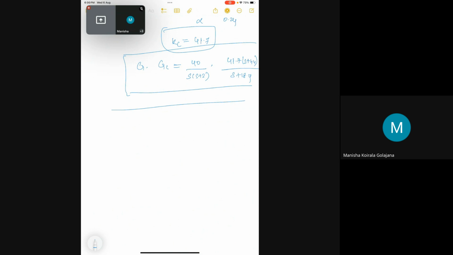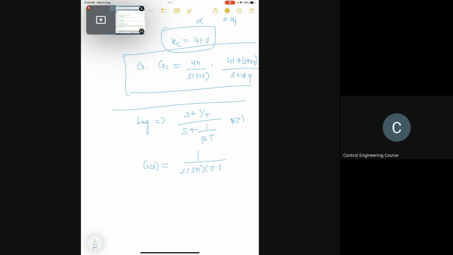Right. A lag compensator would look like a similar structure, but your overall beta value would be different, where beta will always be greater than 1. So if I take a system, for example, S into S plus 1 into 0.5 S plus 1, right?